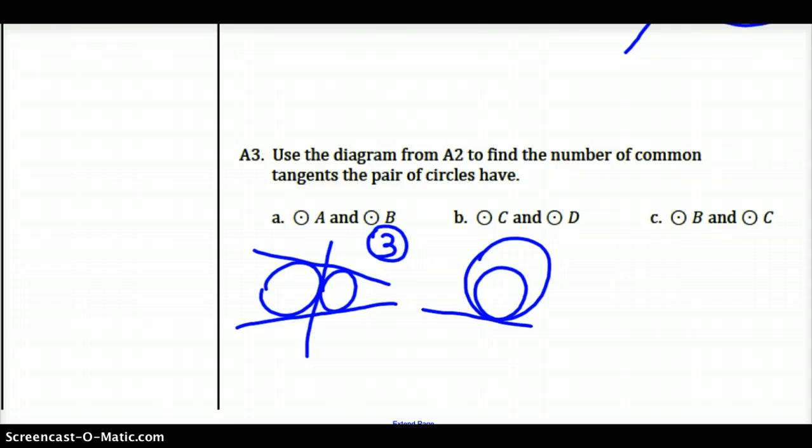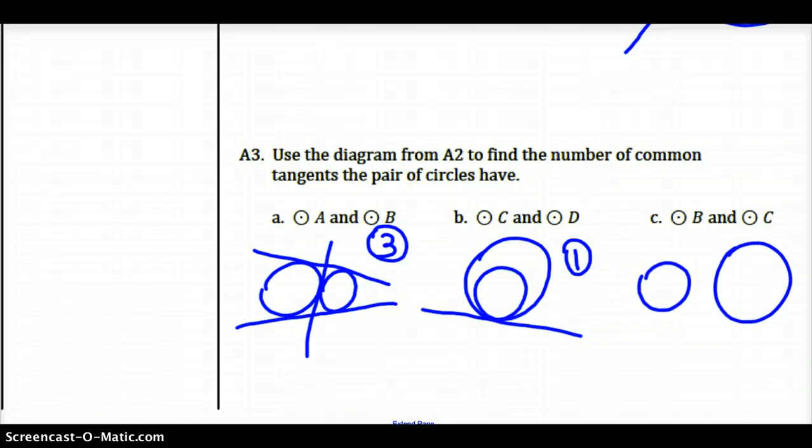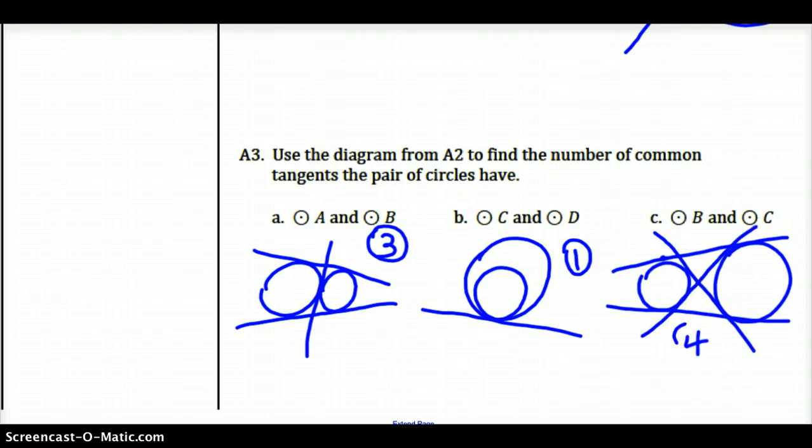And really the only tangent I've got is right there, so this has 1. Now B and C, I've got a circle B and a circle C. And now do the tangents. These ones are pretty straightforward here. But I also have some kind of internally tangent. So that looks like 4.